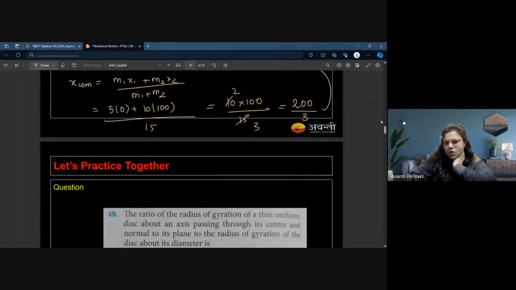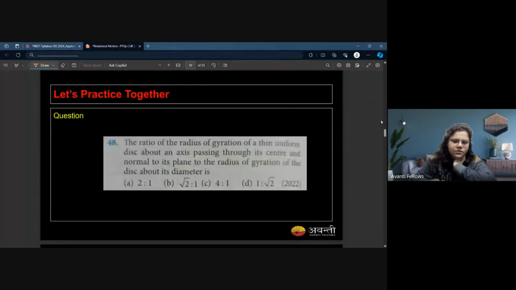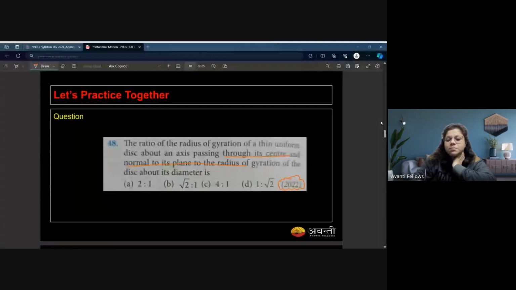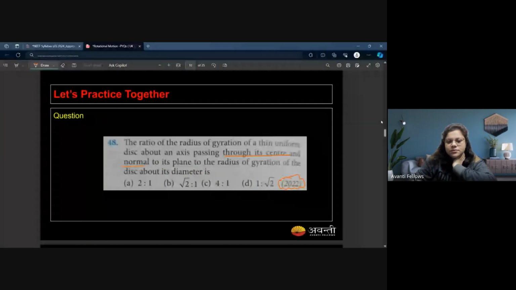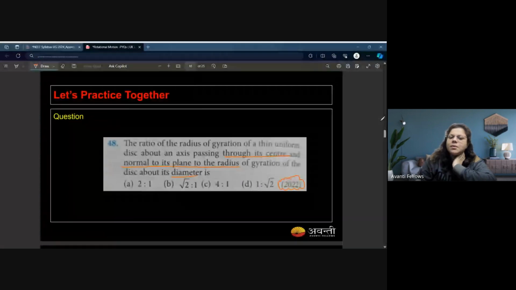Very good. Let's come to this question, which is again asked in 2022. The radius of gyration of a thin uniform disk about an axis passing through its center and normal to its plane, to the radius of gyration of the disk about its diameter.